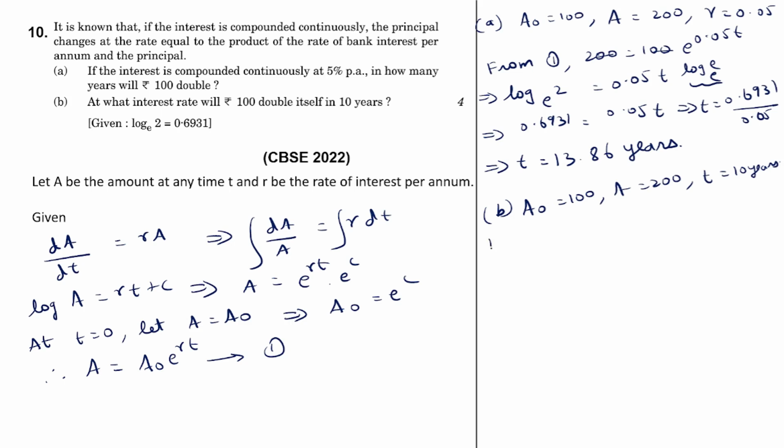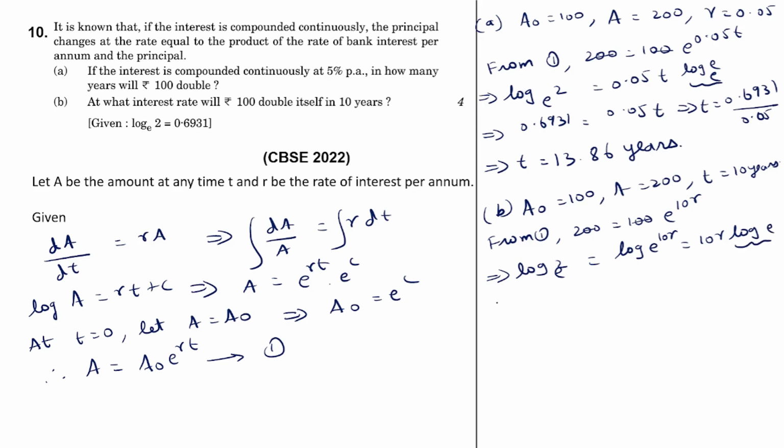We have to find R. From 1, 200 equal to 100 into e raised to 10R. So again let us take log on both sides. Log 2 to the base e is log e raised to 10R, it is 10R log e.